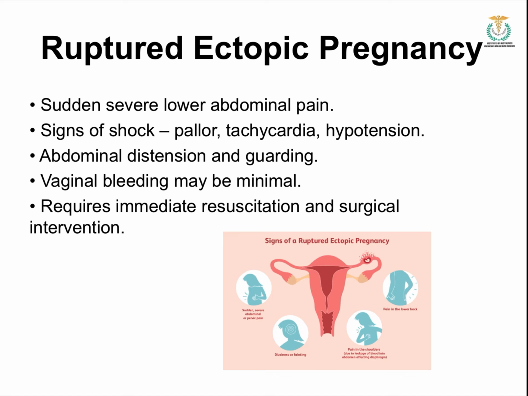Do not wait for the formal transvaginal ultrasound report if the patient is hypotensive and peritonitic. So that is the important part of ruptured ectopic pregnancy, and these are the steps you have to do rapidly and in a focused way in treating the condition of ruptured ectopic pregnancy.